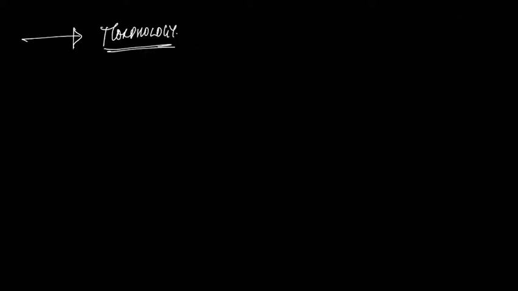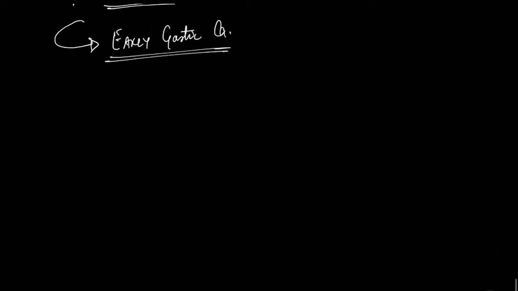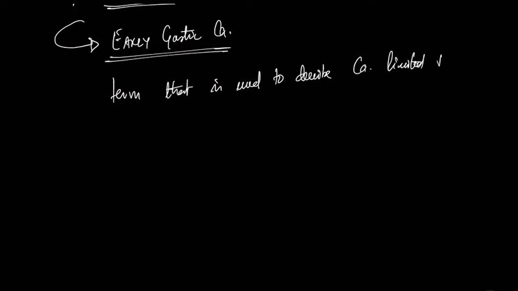All right, so now let's study the morphology of your different gastric carcinomas. So we'll be starting with your early gastric carcinoma. This is a term that is used to describe cancer limited to the mucosa and submucosa.